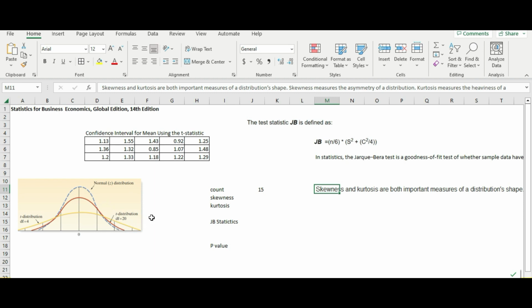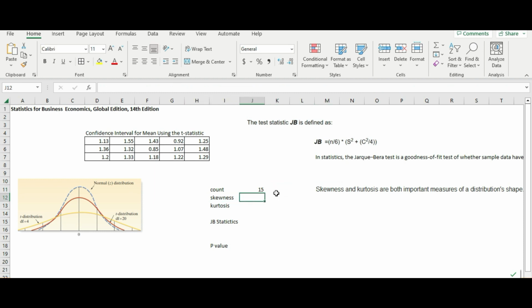We are checking the t distribution here because this is only 15, so we need to check if it has a normal distribution. But if the number in the distribution is more than 30, then we can assume that it has a normal distribution, as long as the data has been collected scientifically, systematically.